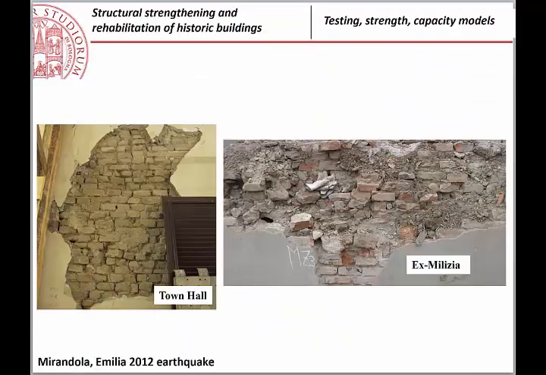For example, this was a building realized 150 years ago. And you see that, yes, there are the bricks, but they are mixed together with a mortar, which is not a mortar, it is just sand, and with a very bad aggregation scheme, just because they had to realize a thick wall, because there were 4 or 5 floors.